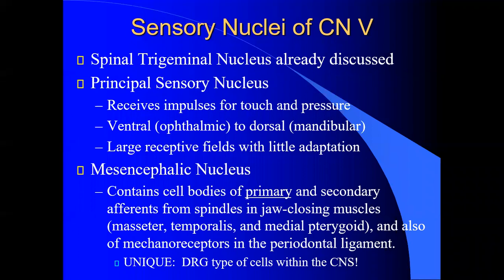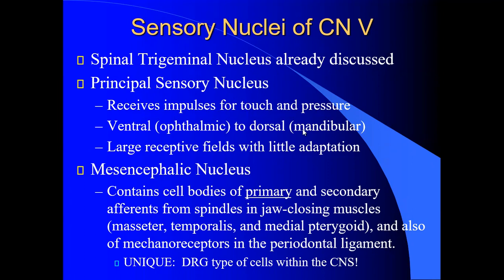We have dealt again with some detail on the spinal trigeminal, so I'm not going to deal with that anymore. We're going to talk about the principal sensory nucleus. Now, the principal sensory nucleus receives impulses for touch and pressure.